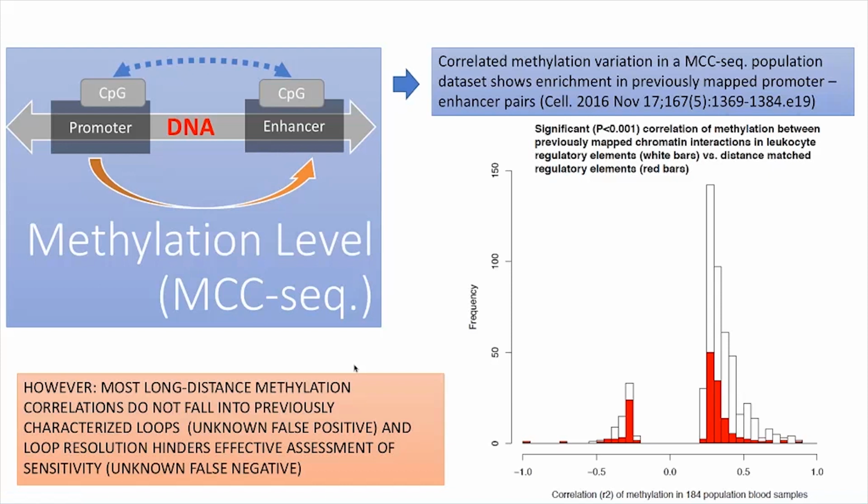So there seems to be abundant genome-wide evidence that distal methylation correlations, in many cases, could represent physical interactions. However, most of the distal methylation correlations that we observe in these large data sets don't have independently verified loops, and similarly, many loops don't have independently confirmed methylation in our data.